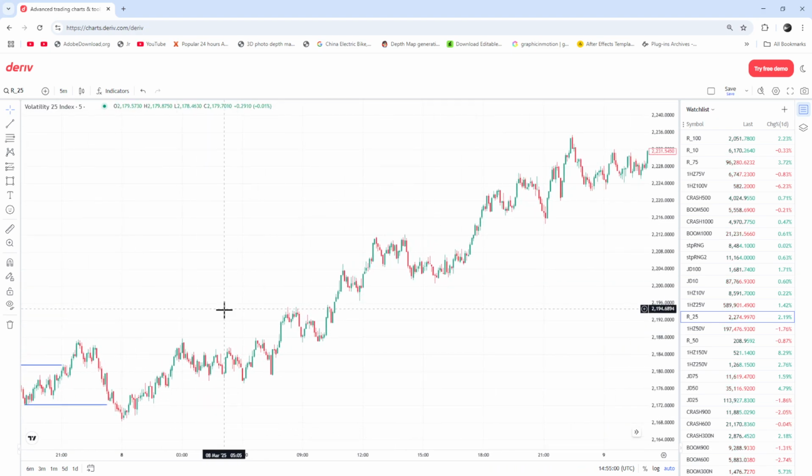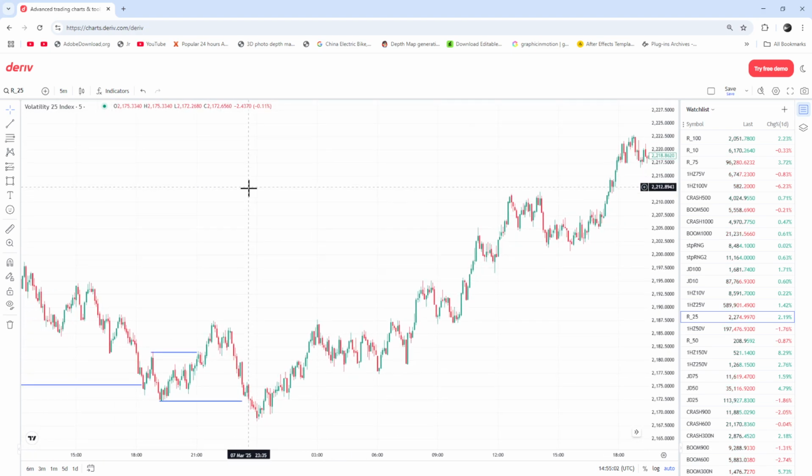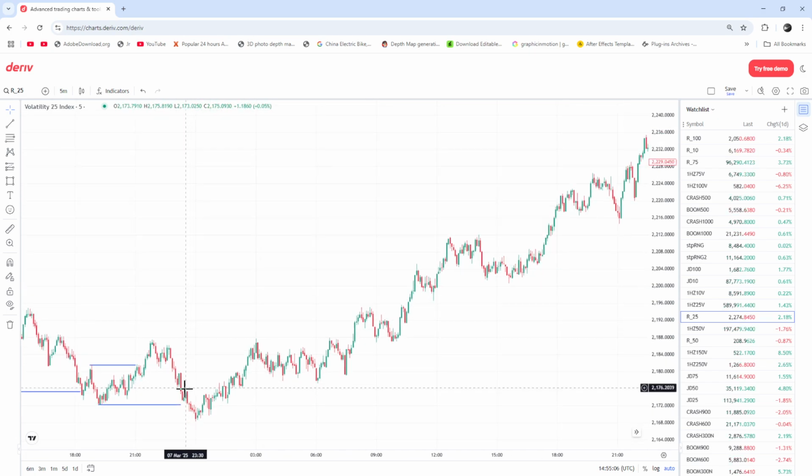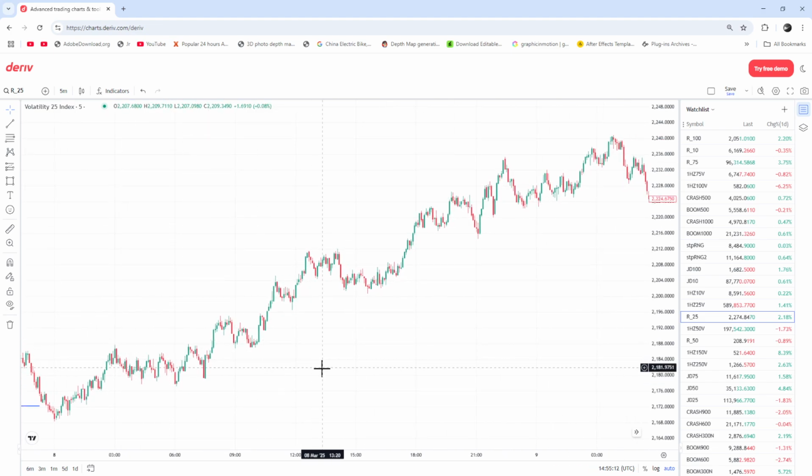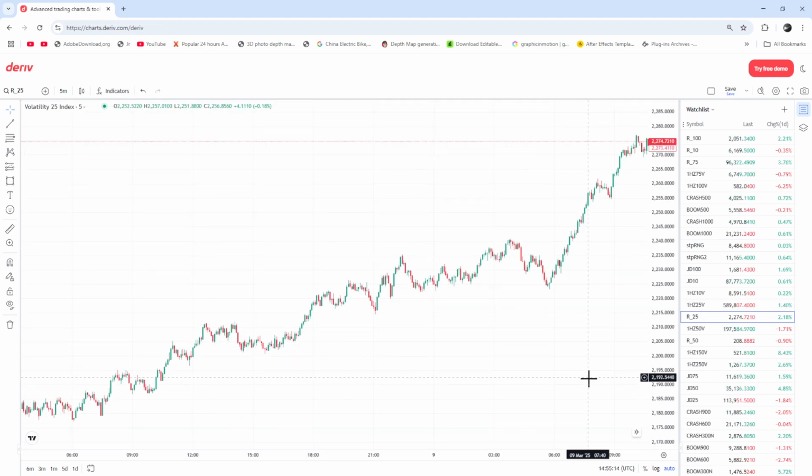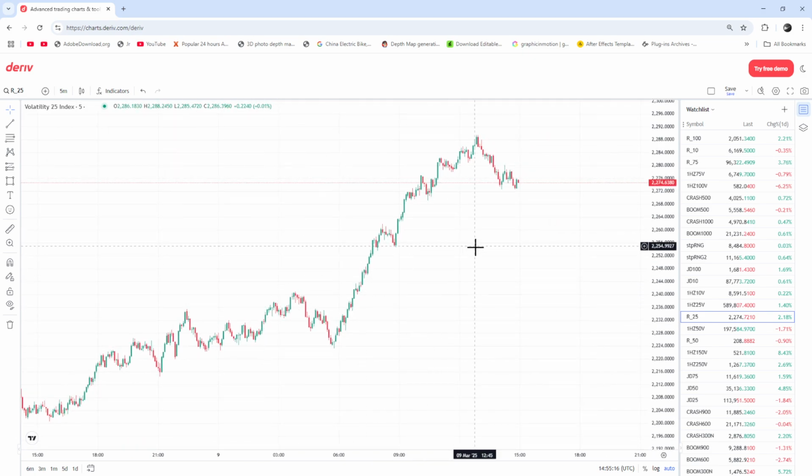Break this structure here. So let's proceed. The market came back to this level, swept the liquidity, then the market started going up and up and up, as right now here.